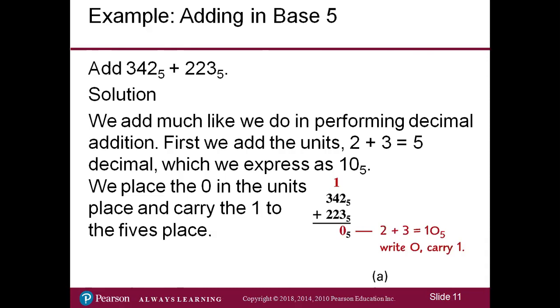First, we add the units, 2 plus 3 to get 5, which is expressed as 10 in base 5. So we bring down the 0 and carry the 1 into the 5's place.